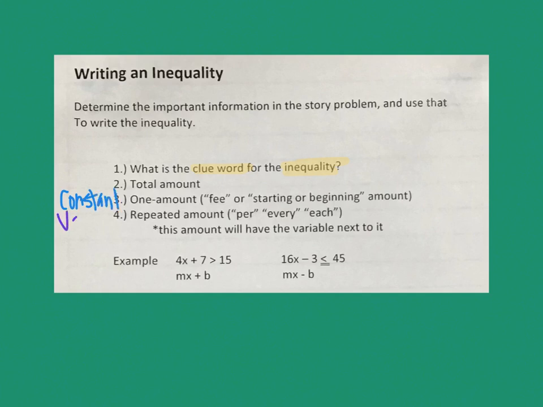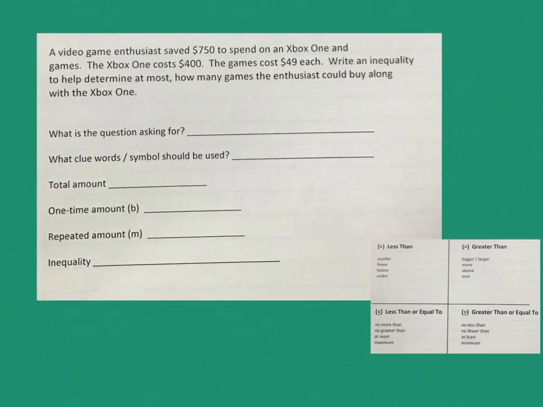And then I still have my repeated amount, which is my variable. Then our clue words again. If you have a fee, a starting amount, or what you begin with, that could mean your one-time quantity. And then per, every, and each are still our clue words for identifying the variable.